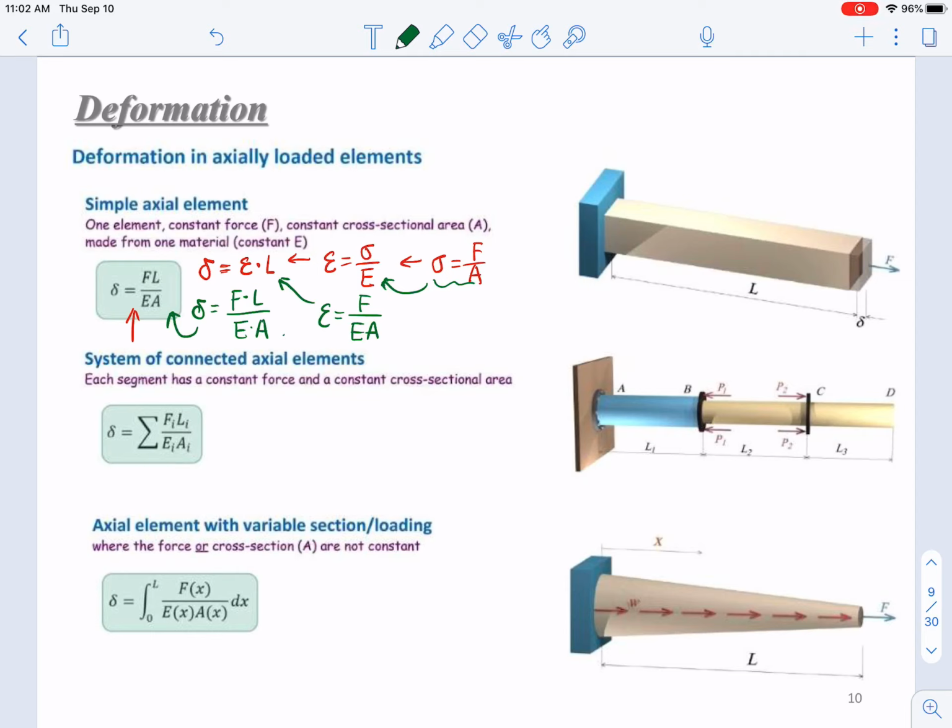And the second equation will be easy to understand. If you have different sections like section 1, section 2, section 3, and you want to know the overall deformation, you just calculate their specific values of deformation and add them together. So this sign is just a sum. You add the different components together to get the overall value.